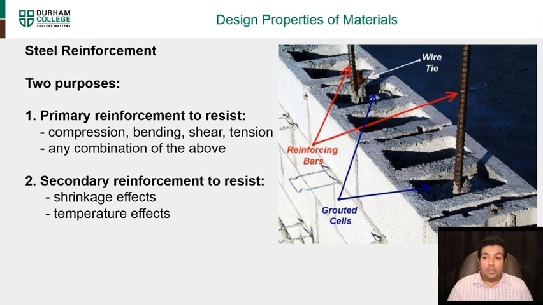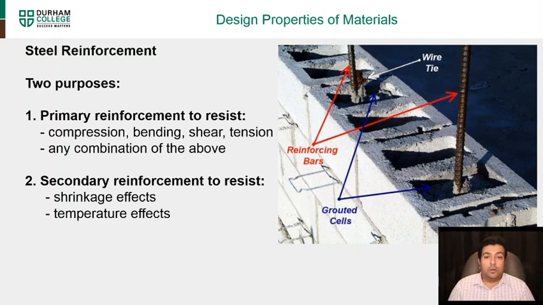It has two purposes. The primary reinforcement is to resist compression, bending, shear, tension, and any combination of those. The secondary reinforcement is to resist the shrinkage effect and temperature effect.